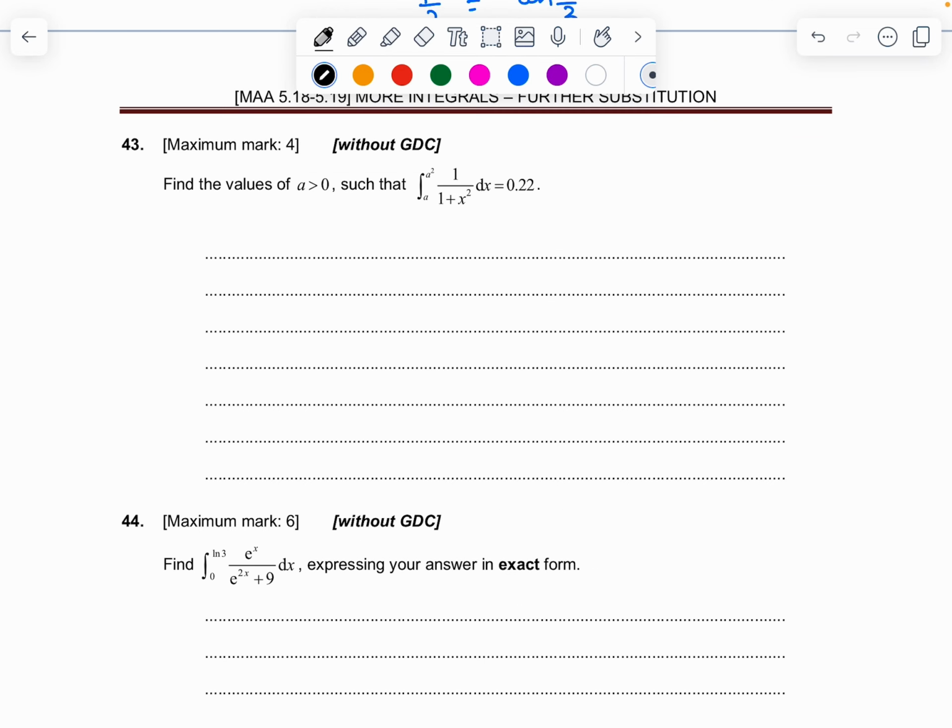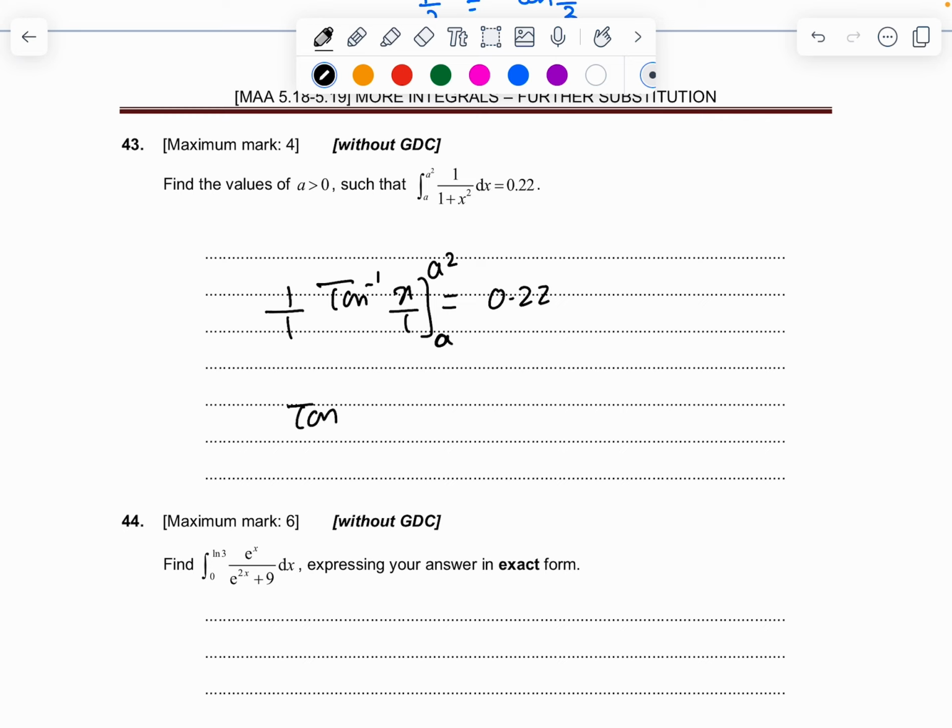Now 1 upon 1 plus x square is nothing but 1 upon a tan inverse of x by a, equals 0.22, from the limits a to a square.